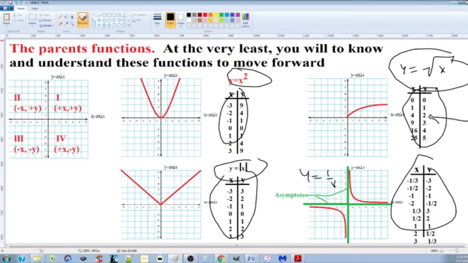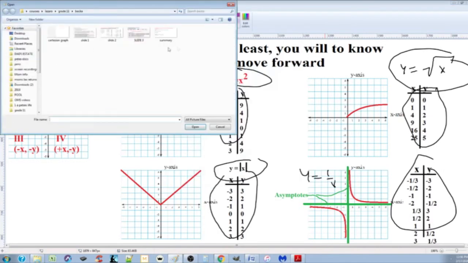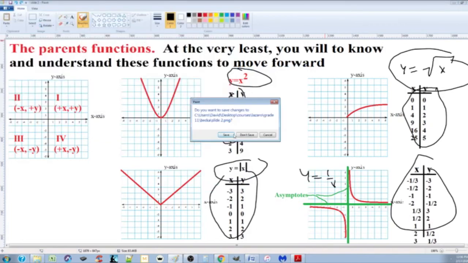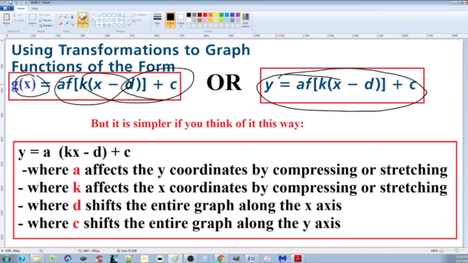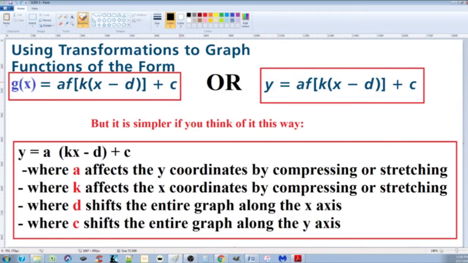And finally, we're coming to the section that you probably are puzzled over. So you've probably skipped to this one. And that is the transformations of these parent graphs. Now, they've made it endlessly complicated by phrasing it in these crazy formulas. And you go, oh my God, I'm not going to figure this out, and I'm not sure I want to.